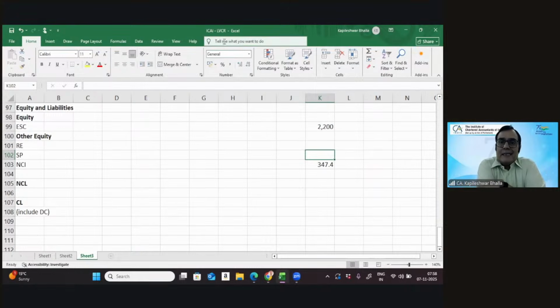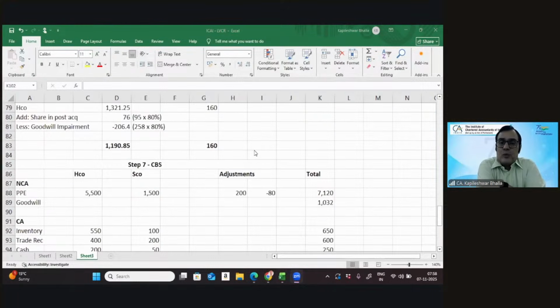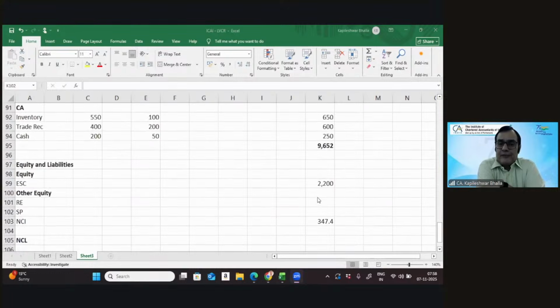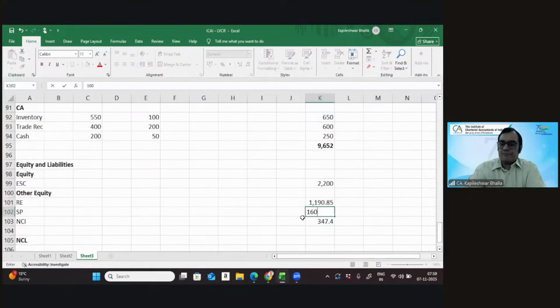The RE as well as the share premium? That's absolutely correct. Step number 6, that's what I wanted to hear. So this is 1190.85. This is 1190.85 and the share premium is 160. Okay, that's wonderful indeed. So this is done.